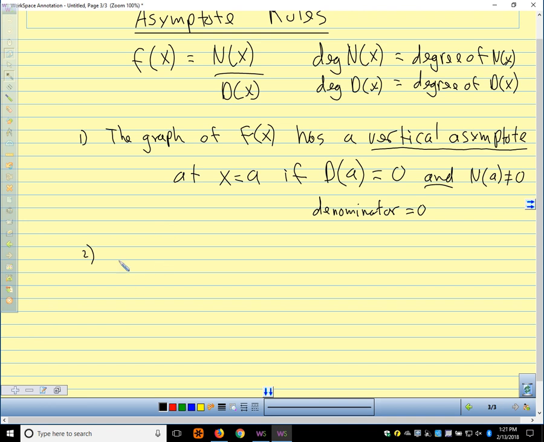We have only 2 possibilities for horizontal asymptotes. A rational function has 1 or 0 horizontal asymptotes.